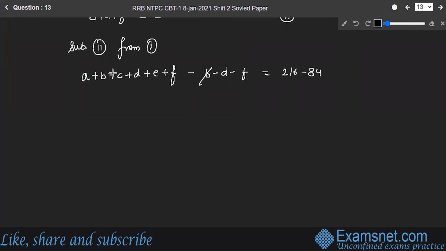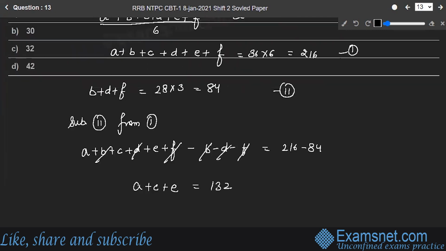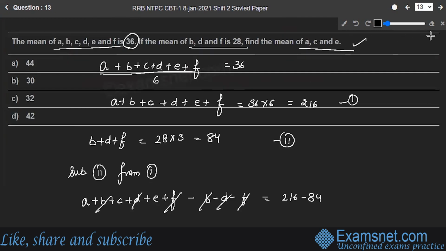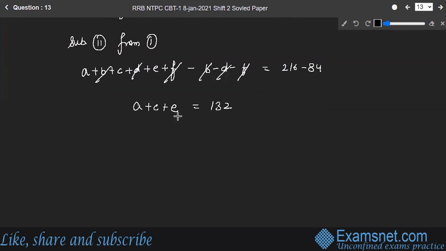So B, D and F cancel, and you are left with A + C + E = 216 - 84 = 132. Now find the mean by dividing both sides by 3.